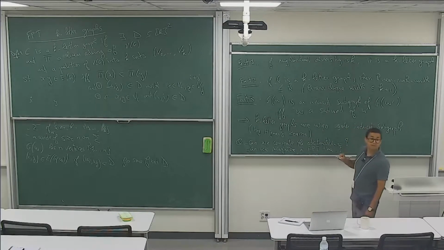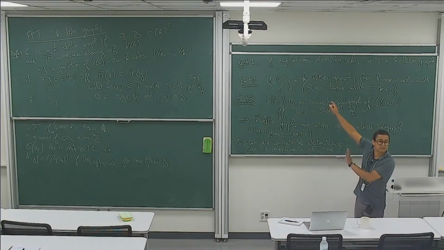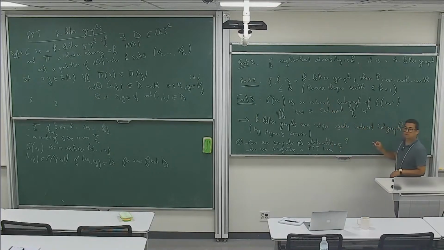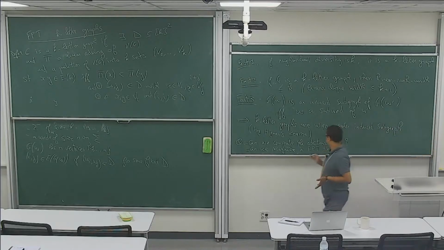FPT means the parameter is always k. So it is finite, but can you compute them?